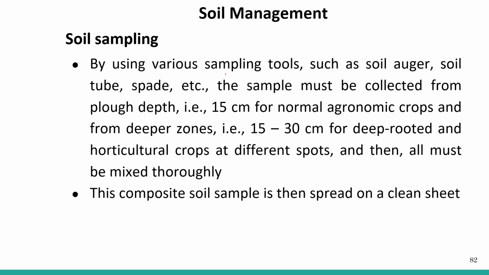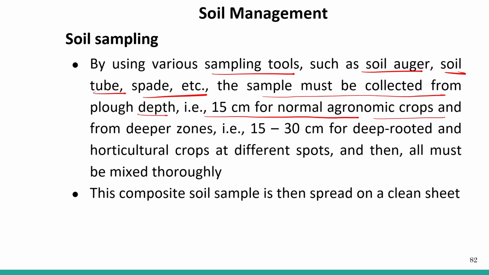By using various sampling tools such as soil auger, soil tube, spade, etc., samples must be collected from the plow depth of 15 centimeter for normal agronomic crops and from a deeper zone, that is 15 to 30 centimeter, for the deeper rooted horticulture crops.